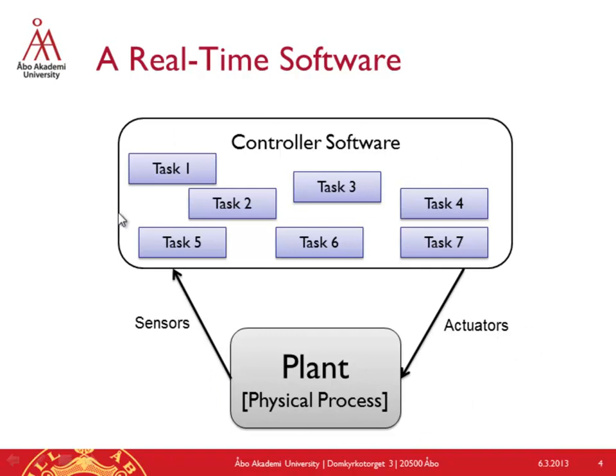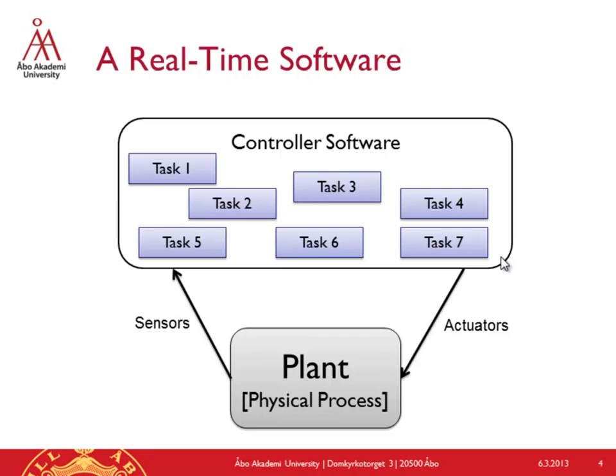And inside of this computer, the software should be composed from several tasks. These tasks might be executed simultaneously or in a certain order. So this is quite a common thing.